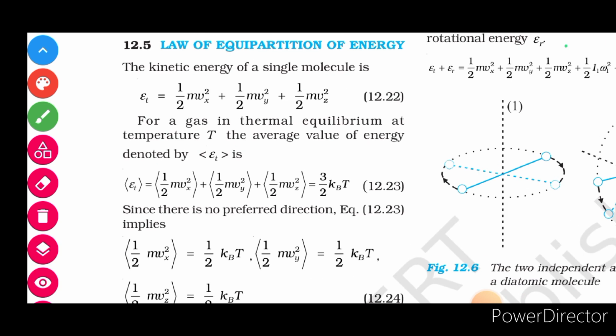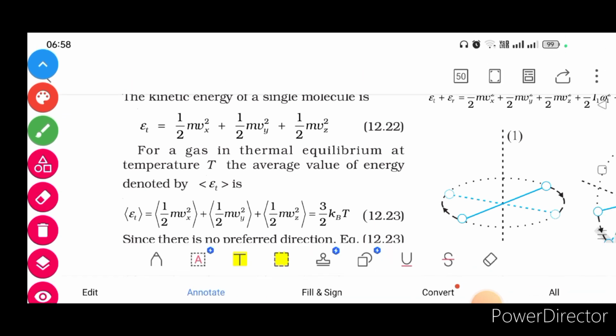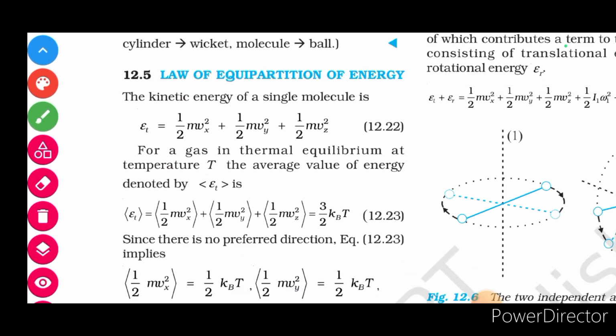So now we are ready to understand the law of equipartition of energy. It states that the energy of the system, of the molecule, is distributed equally. We'll see this in two ways: first by the example of a molecule, and also for a mole of gas.